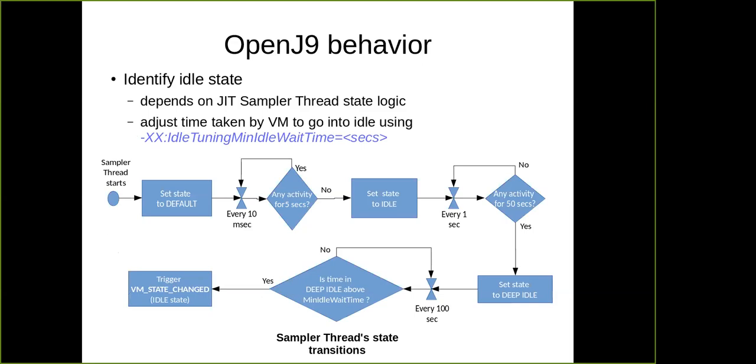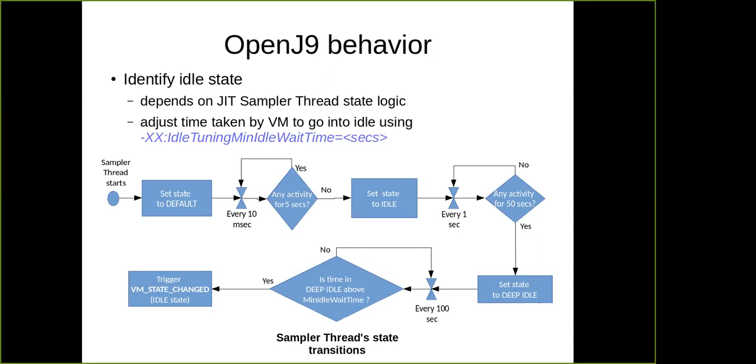Coming to the OpenJ9 implementation, there are two steps to idle tuning. The first is identifying the idle state of your application. OpenJ9 already had a notion of idle state, thanks to the JIT sampler thread. The sampler thread is a native thread which samples the JVM at a predetermined frequency.